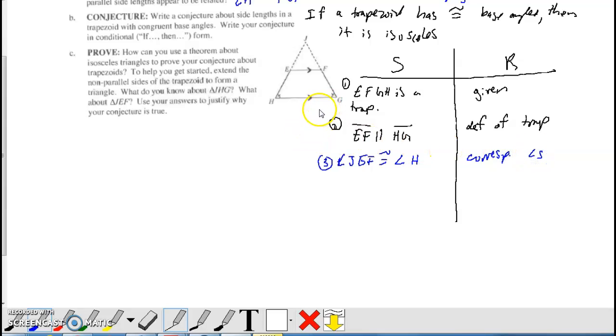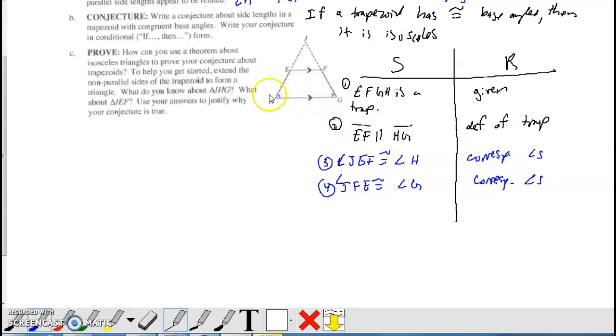That being said, I can also say angle JFE is congruent to angle G. So again, they're corresponding angles.